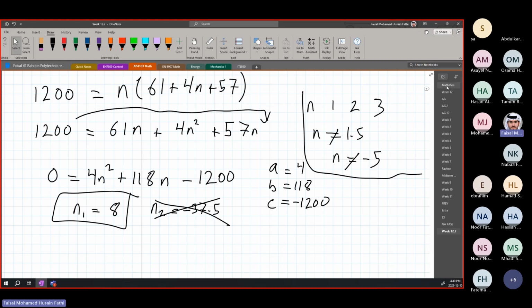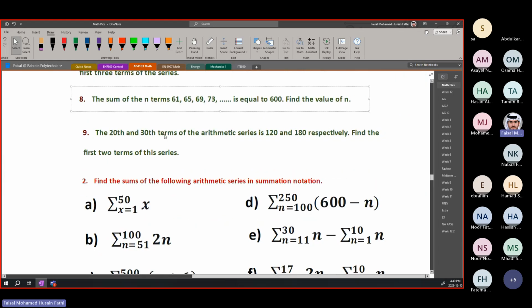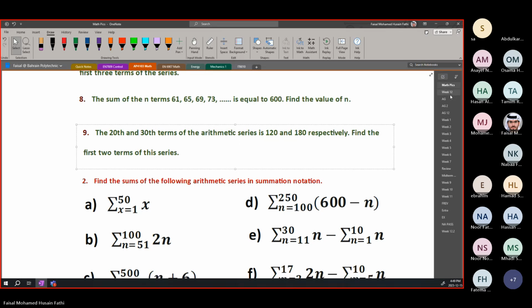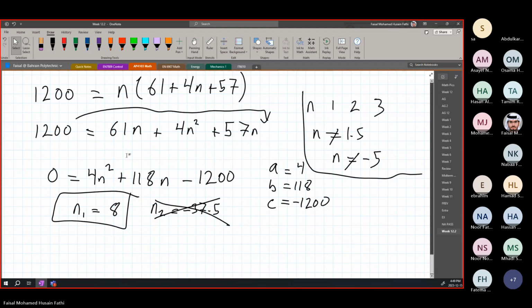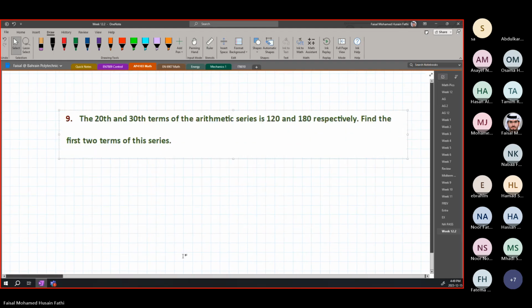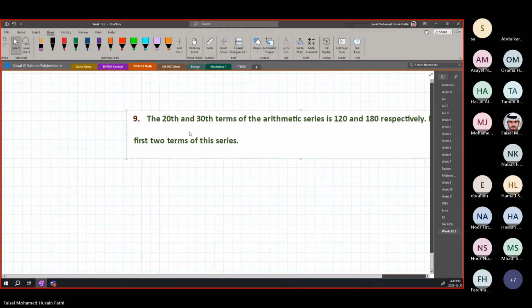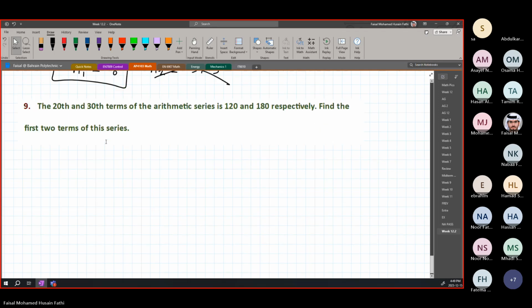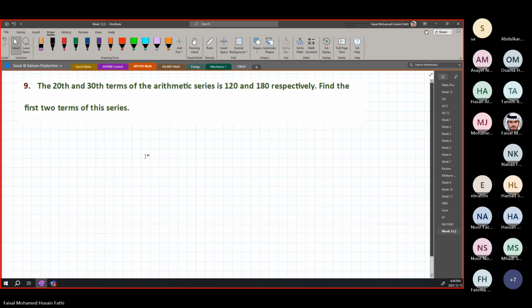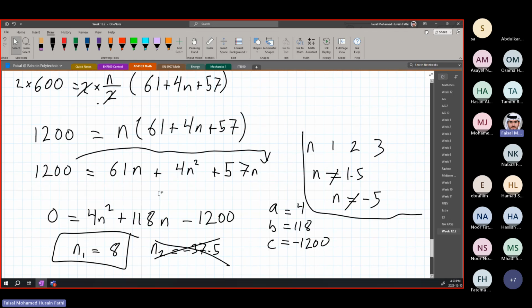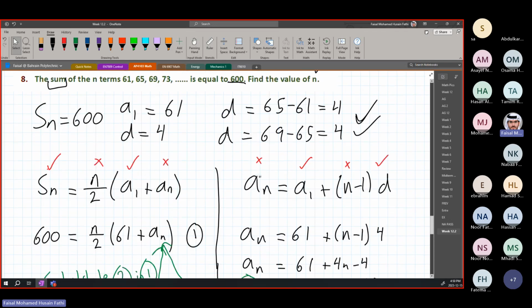Hassan, how to do what in the calculator? Can you be more specific? This substitution method, there's no calculator method for this.